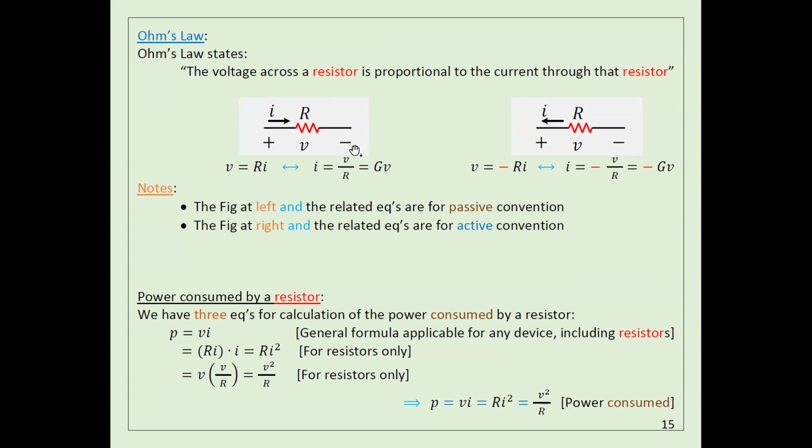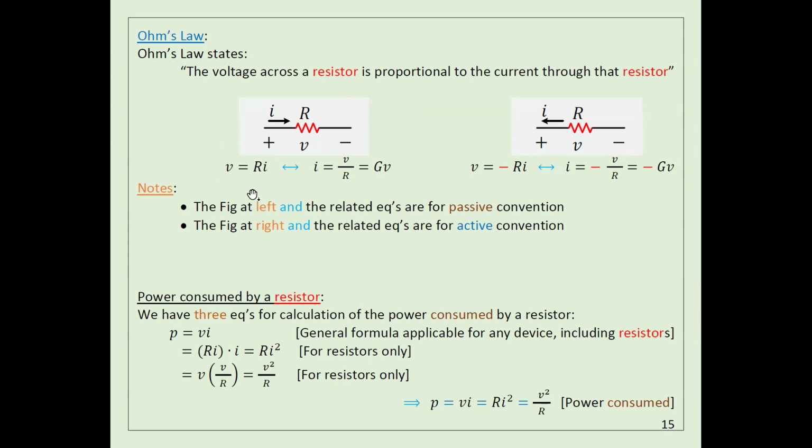It doesn't mean that. Maybe this one is 10 volts, okay, and this one, for example, 7 volts. But it means the voltage here is greater than the voltage there. That's why current flows from the high voltage to the small voltage. So anyway, I got the relation V equals IR, okay?